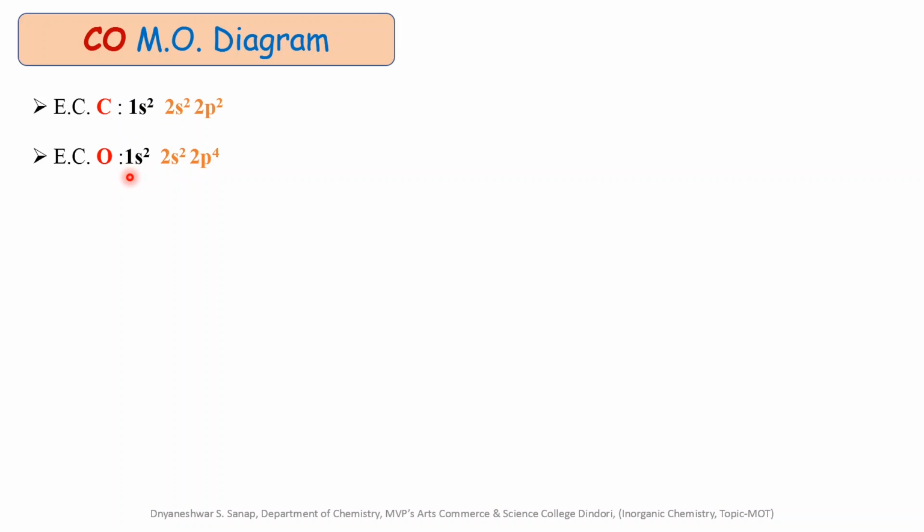The first shell has 2 electrons and the second shell has 6 electrons for the oxygen atom, that is the valence shell, and 4 electrons in the second shell, the valence shell, for the carbon atom. Let us write this valence shell electron configuration for each atom in tabulated form. For the carbon atom 2s2 and 2p2. Similarly, for the oxygen atom 2s2 and 2p4.